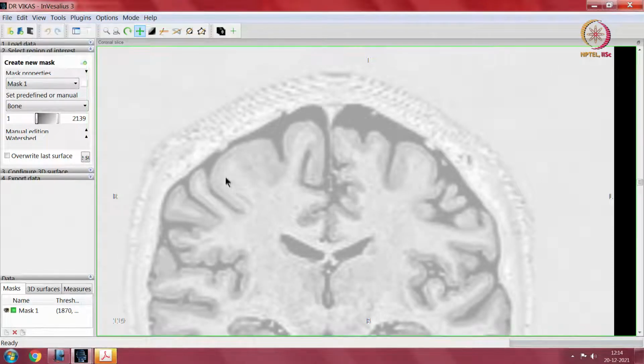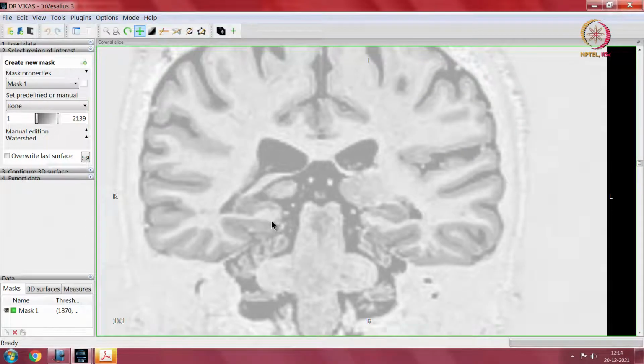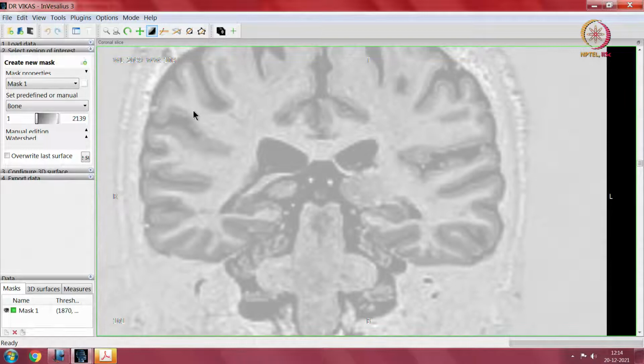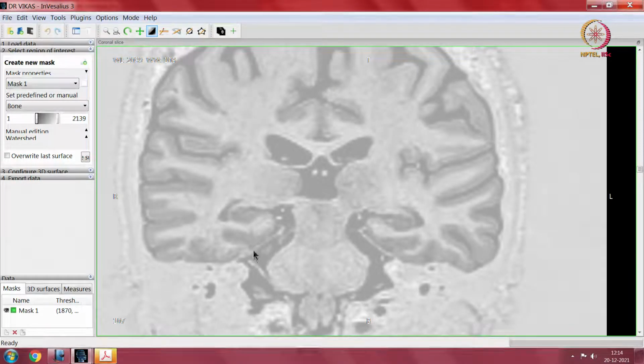Then we shift down to understand this part. Okay. So, here you can see some structure white over here and white over here. If you remember my 3D discussion of the skull, that is the tentorium.